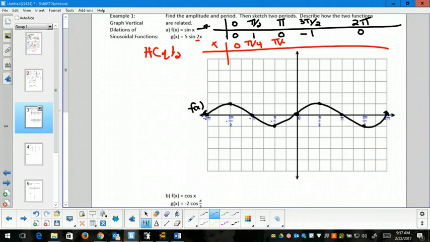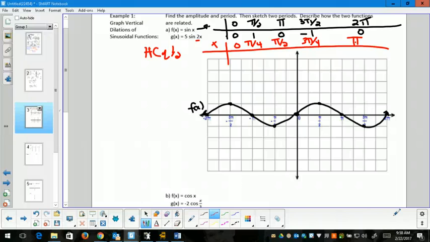This becomes pi over 2. This becomes 3 pi over 4. This becomes 2 pi over 2, which is just pi. So my period is half of what it was before. Before it was 2 pi. Now it's a horizontal compression of 1/2, so the period is half of what it was before.